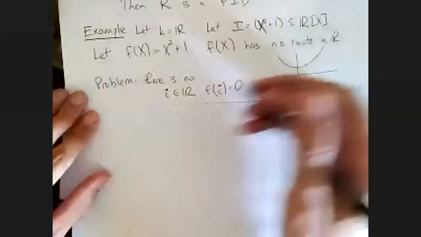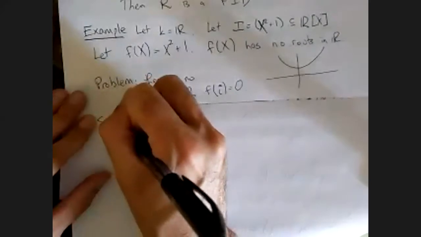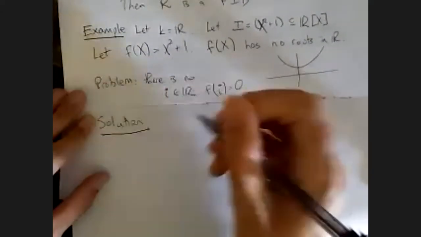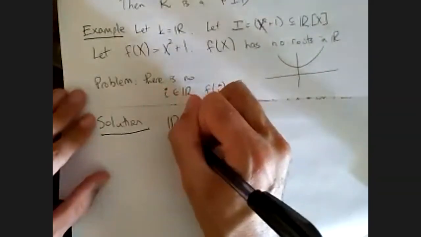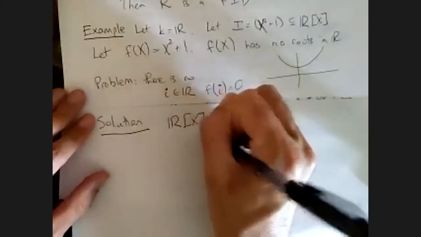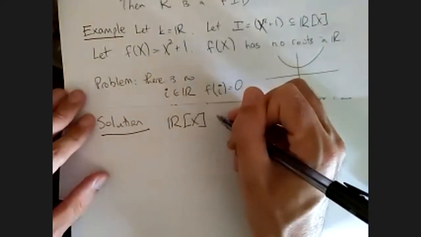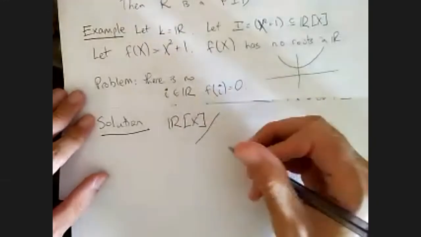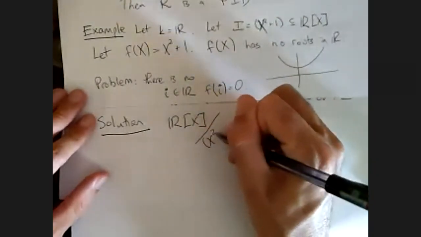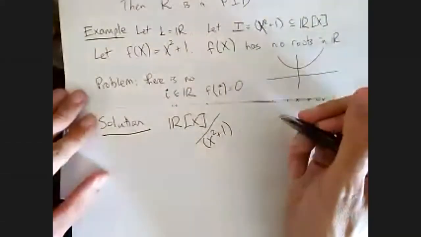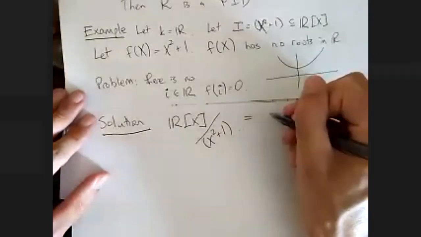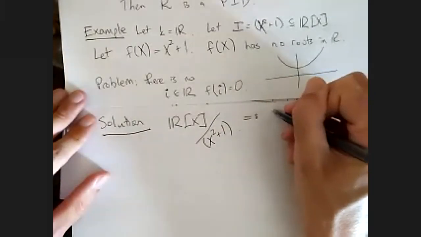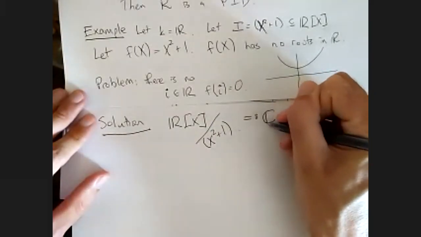In other words, f has no root in the real numbers. So our solution is to look at the polynomials in R[x], the polynomials in x with coefficients in R, and take the quotient by x squared plus 1. We'll define this to be the field C.